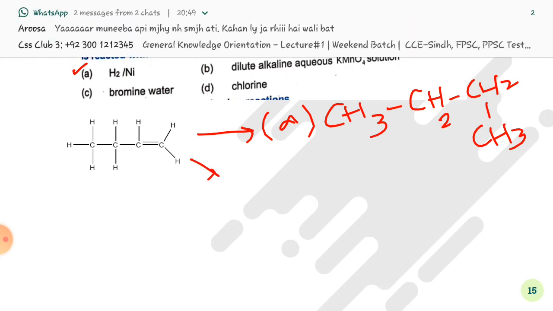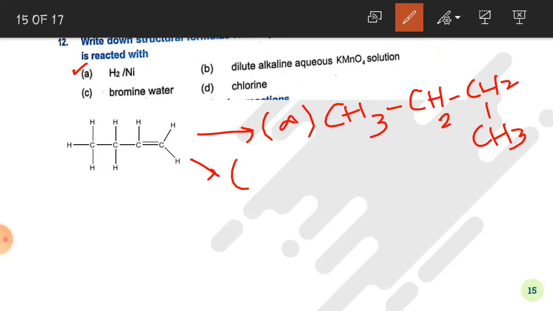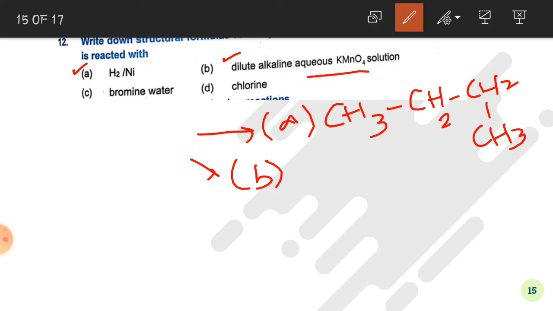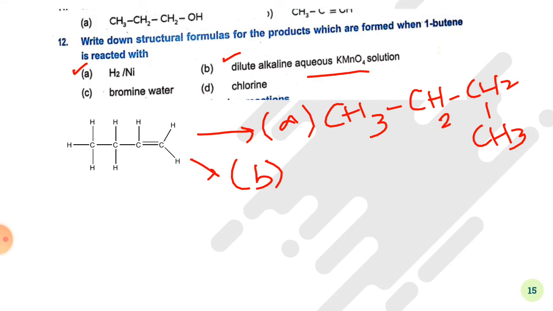Now if you look at the second case, you have to react this compound with dilute alkaline aqueous potassium permanganate solution. Dilute alkaline potassium permanganate solution, then what do we get? Glycol. 2 OH groups will be added across each double bond.